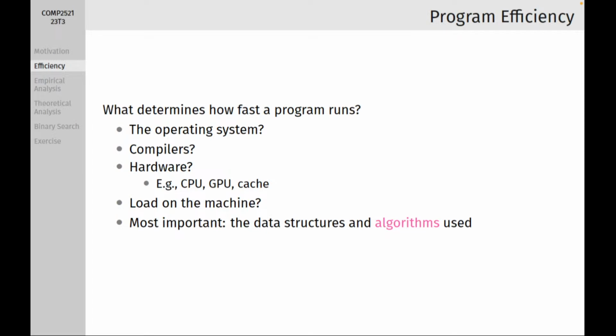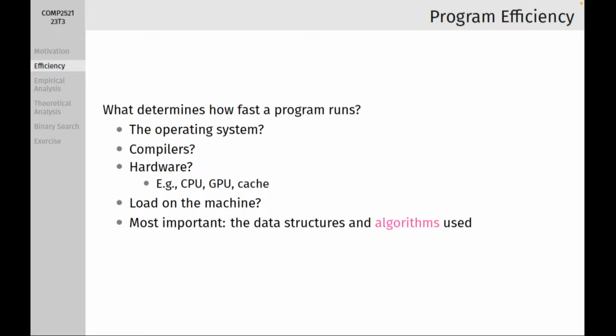Hardware also determines how fast your program runs, right? So how fast is your CPU? How fast is your GPU? Do you have a cache? Things like this all determine your program speed, and also the load on the machine.